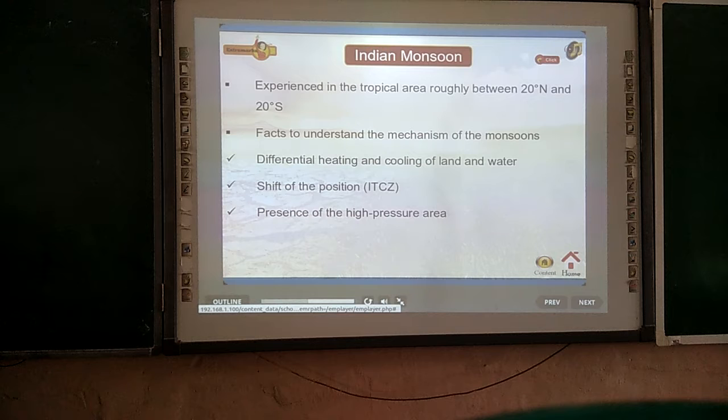Thirdly, the presence of the high pressure area at the east of Madagascar facilitates wind reversal. The intense heating of the Tibetan Plateau is also responsible for causing monsoon. Last but not the least, jet streams also influence the Indian monsoon regime.